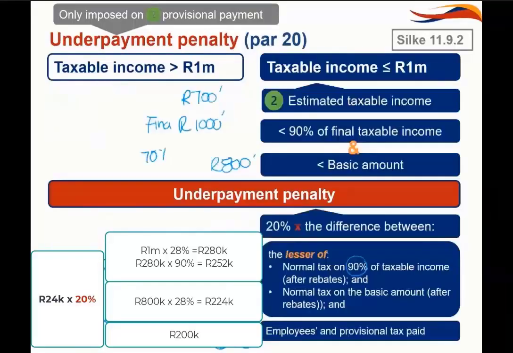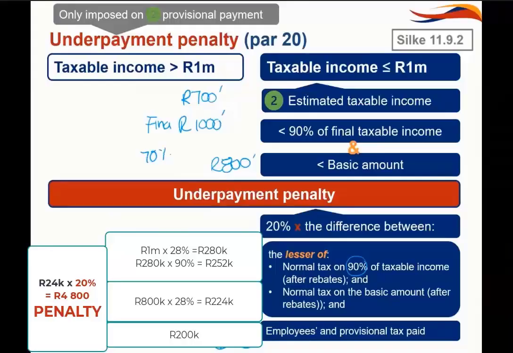So that's going to give me, 20% will be a 4,000 penalty. Okay, so I still owe that additional amount, but I can top that up in my top-up payment, but I am going to have a penalty that I'm going to have to pay on top of what I would have had to pay anyway.